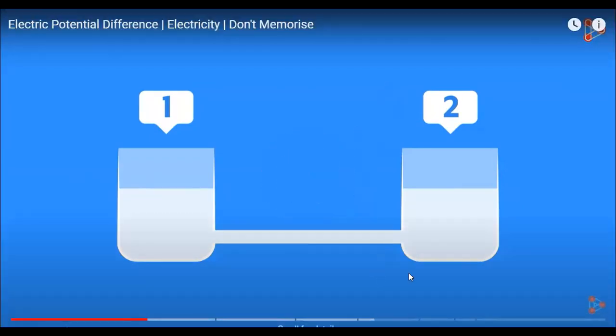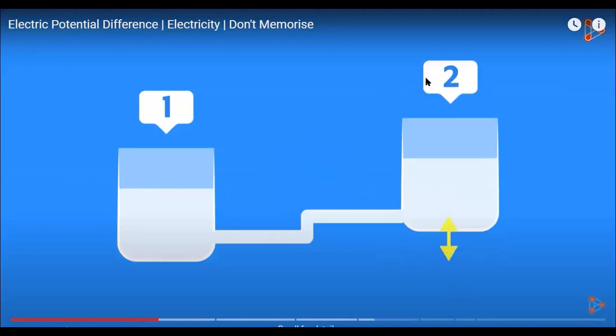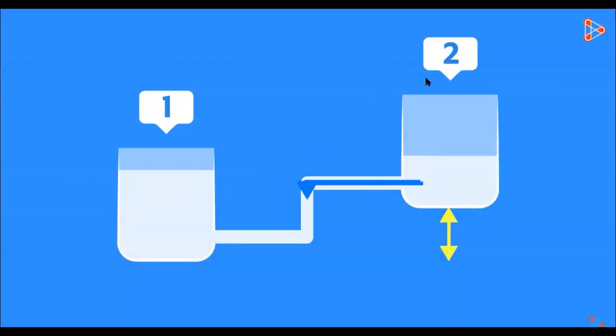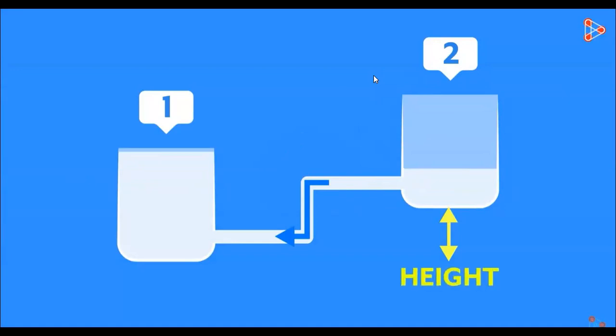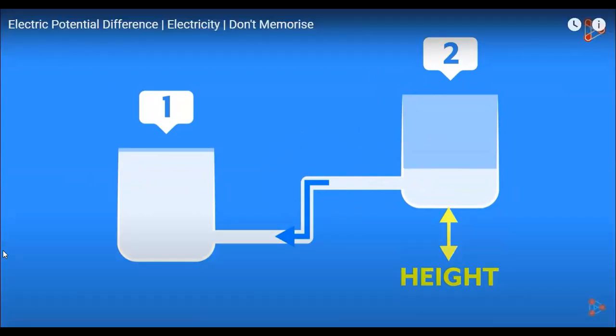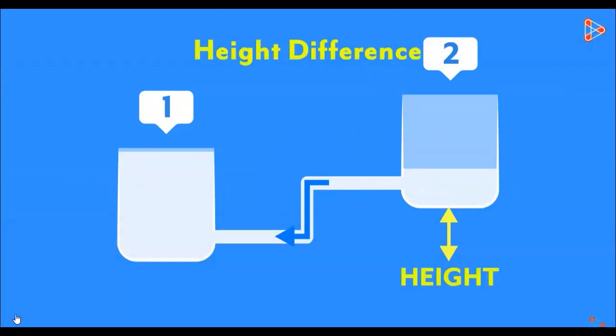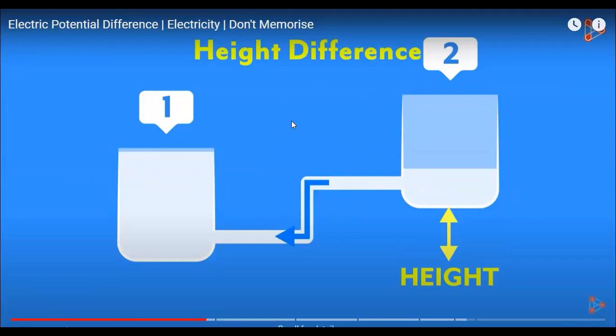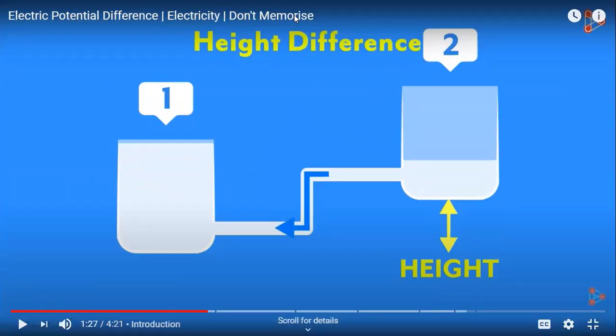Just increase the height of the second beaker. So easily you can make the water flow from the second beaker to the first because of height. That's it. That's our introduction part. Now we can see the next part in our next video.